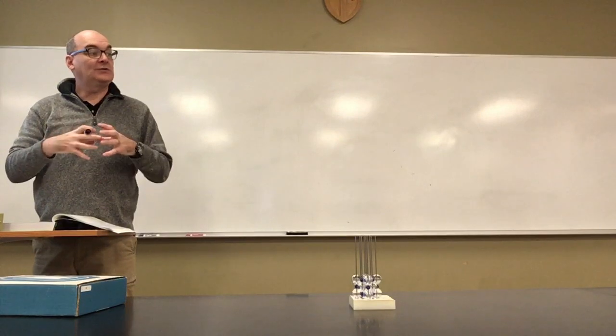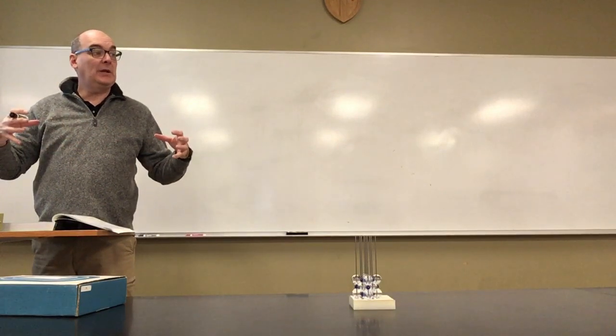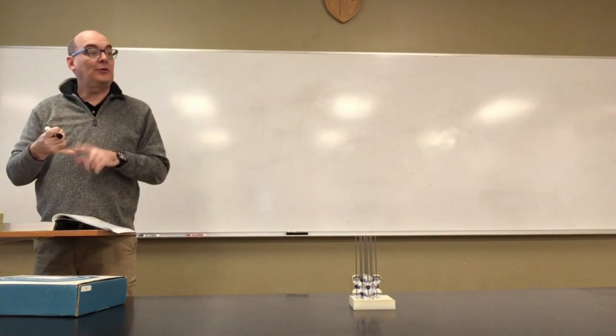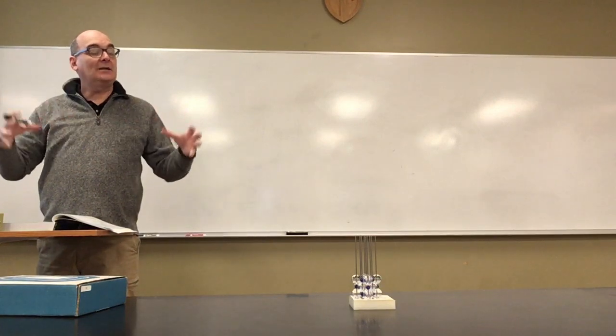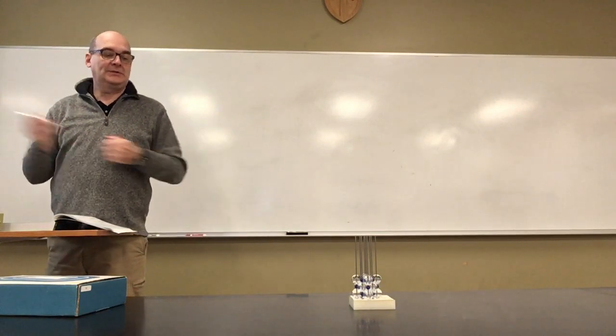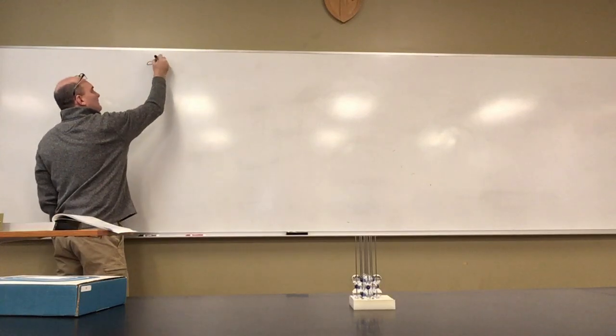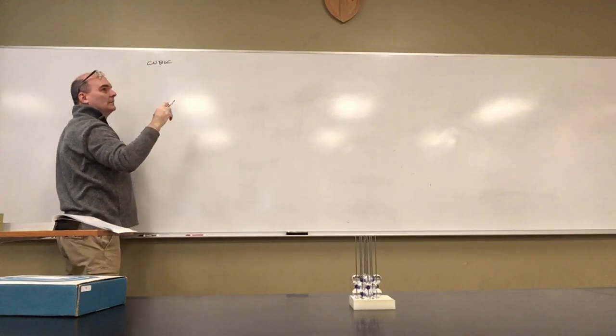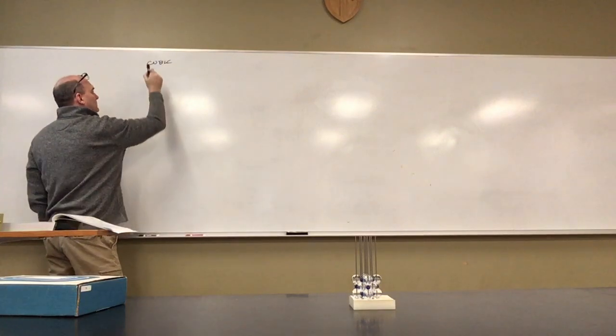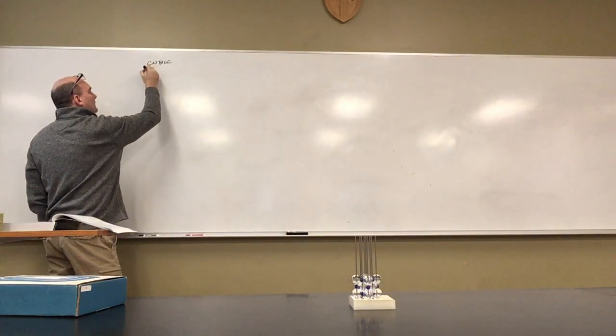One of them is unique, so it's a rectangular cube now. And then orthorhombic is all the angles are still 90 degrees, but all sides are different lengths.